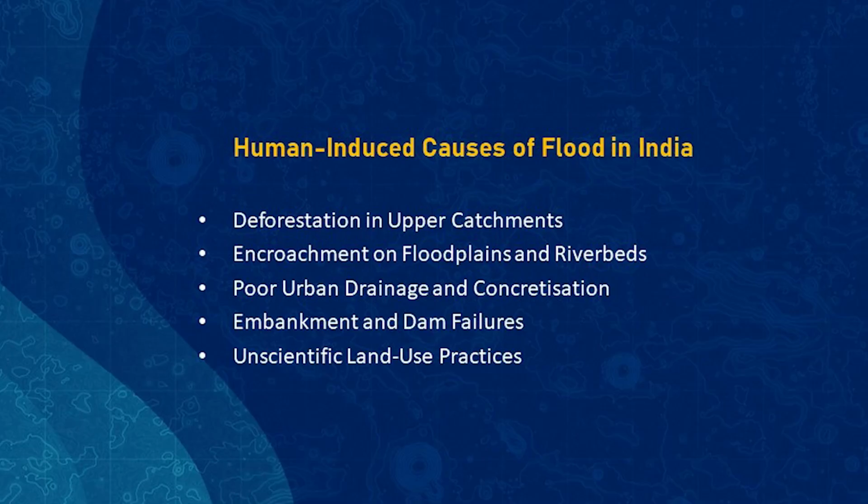Illegal construction, sand mining and urban expansion on natural floodplains and riverbeds narrow channels, obstruct natural flow and increase flood risk. This is widespread along the Ganga, Brahmaputra and other major rivers.